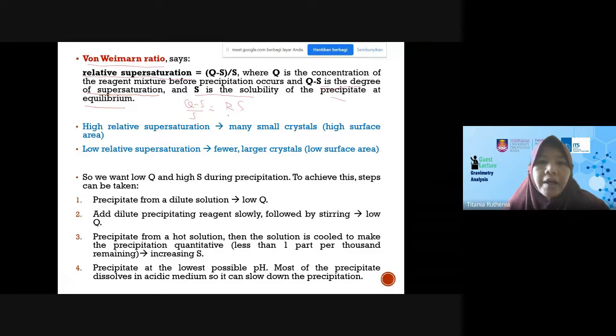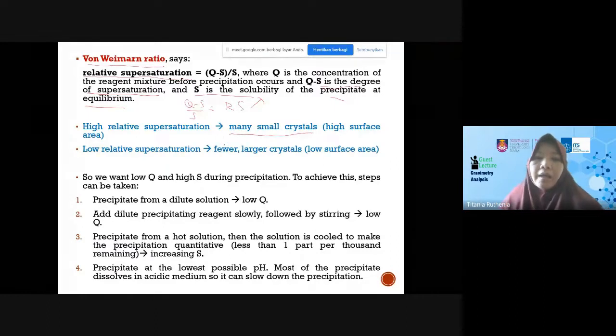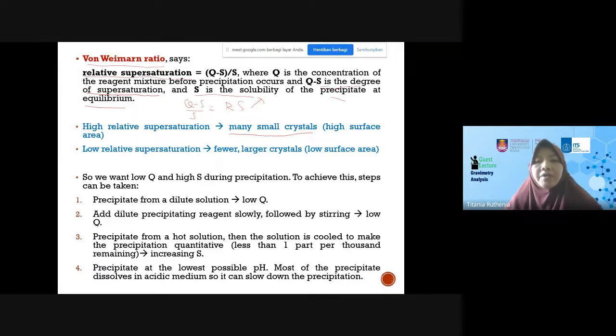If the RS is high, then it will form many small crystals. As a person who works on nanomaterials, we prefer to have small crystals because we want high surface area.